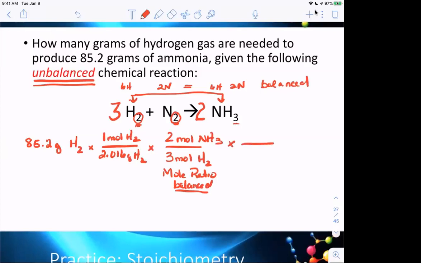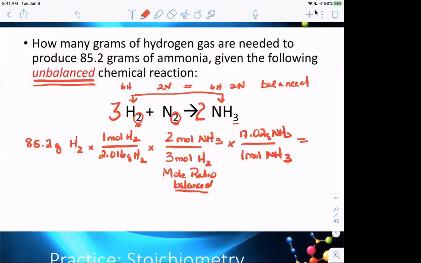And then I can convert to grams. For every 1 mole of NH3, I have 14 plus 3 times 1.008. That gives me 17.02 grams of NH3.